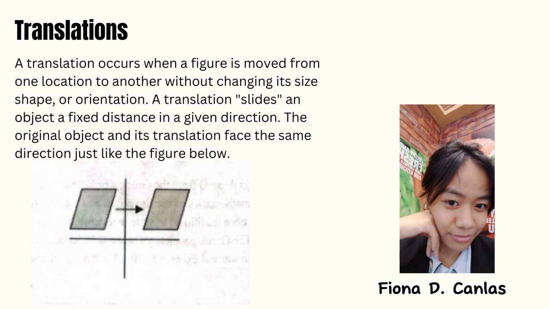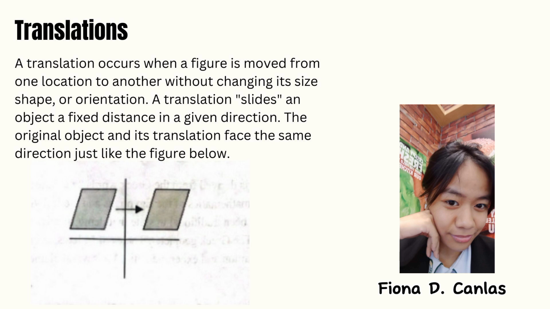So what is translation? Translation occurs when a figure is moved from one location to another without changing its size, shape, or orientation. It slides an object a fixed distance in a given direction.